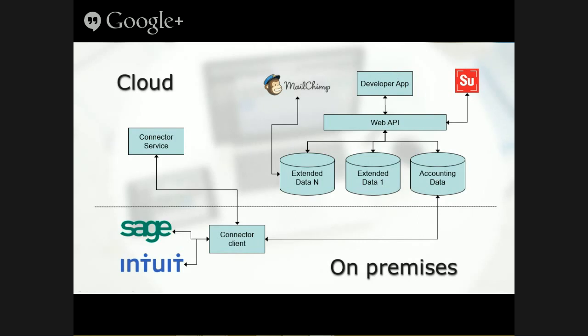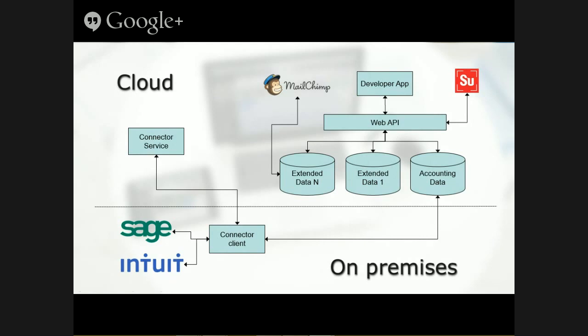So you can also create and update the accounting data through the web API, and our connector infrastructure will look after pushing that data back through the connector client into the Sage 50 or the Intuit QuickBooks or any other accounting data. So that's very simply how it works at a really high level.